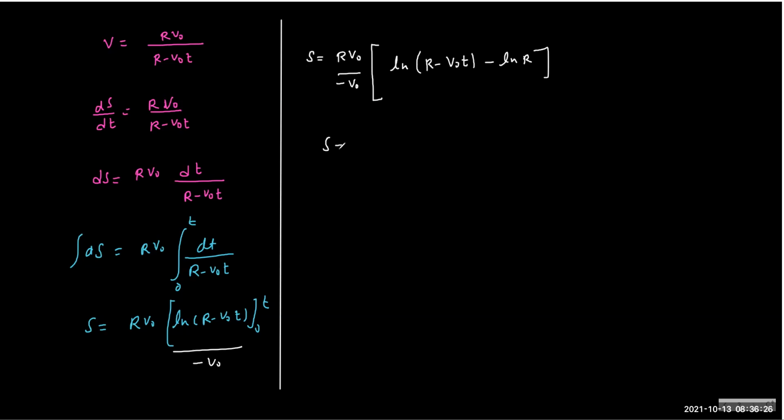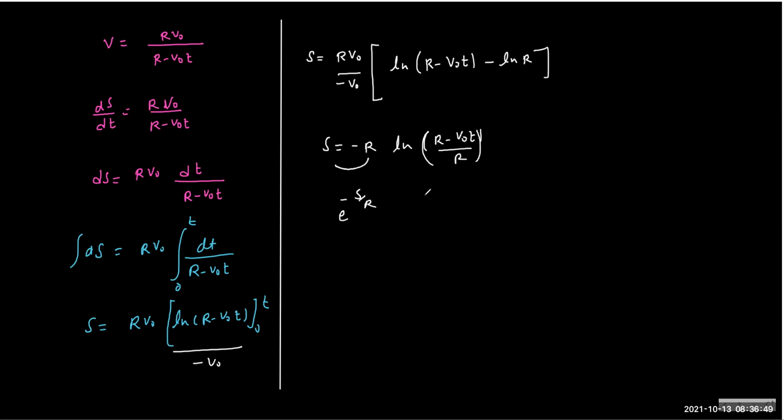So the s we can get is minus r ln, like this. You can take ln on the other side, and s by r. So you can write it as e to the power minus s by r.